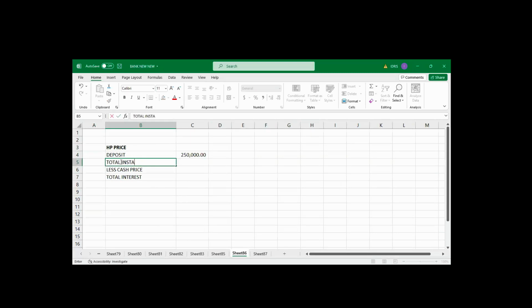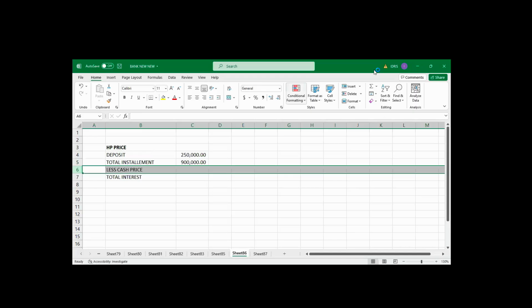After the deposit, he will be paying installments. How much is he going to pay per installment? 25,000. 25,000 times how many? 36. So the total installment is 900.